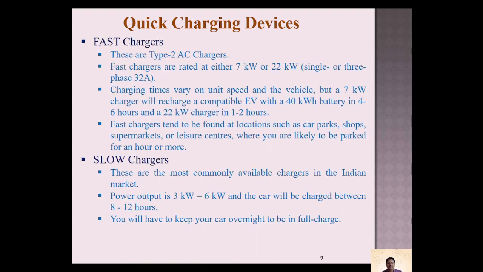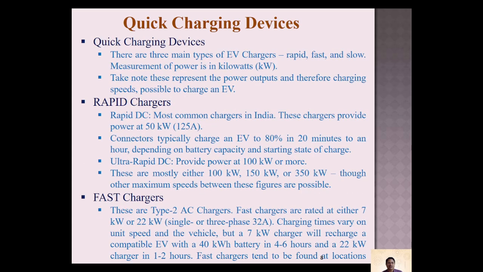The next classification is fast chargers. These are type 2 AC chargers, rated at either 7 kilowatt or 22 kilowatt. Charging times vary with unit speed and the vehicle, but a 7 kilowatt charger will charge a compatible EV with a 40 kilowatt hour battery in 4 to 6 hours, and a 22 kilowatt charger in 1 to 2 hours.